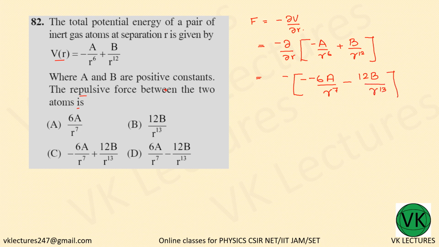Now just give this negative sign inside. This becomes minus 6A by R power 7 plus 12B divided by R power 13.